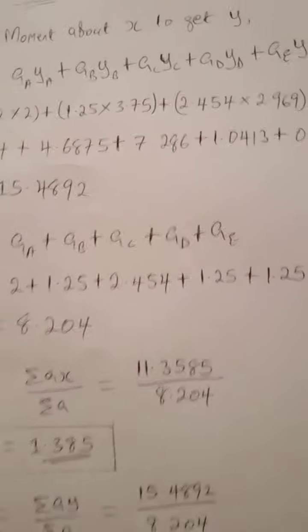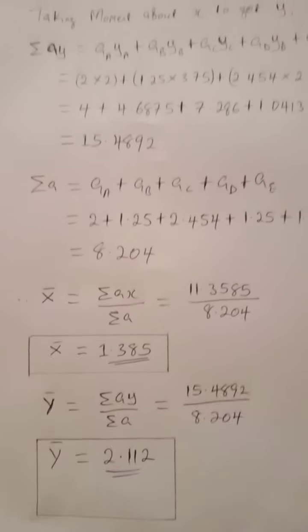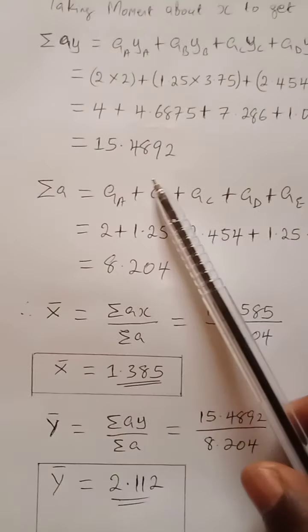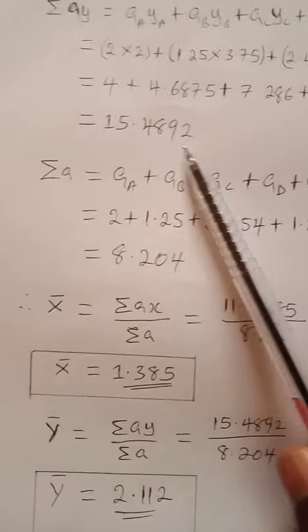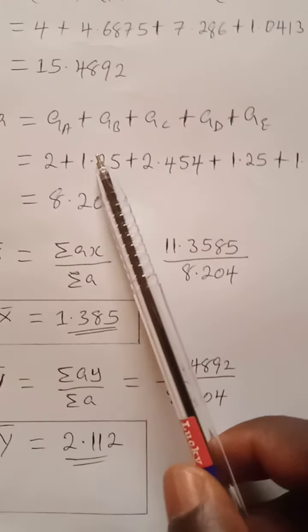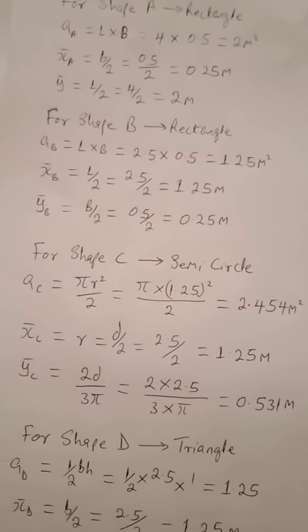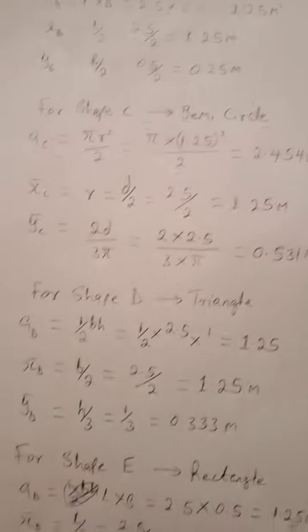After doing that, we do our normal addition. We obtain our moment for all the y-axis to be 15.4892. Then we add all our areas together, all the areas we have calculated here.